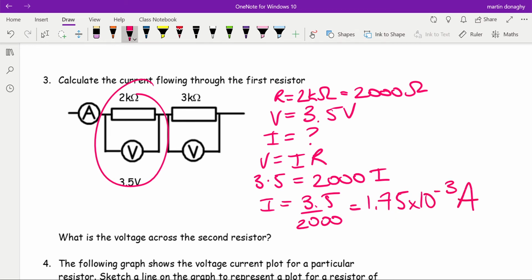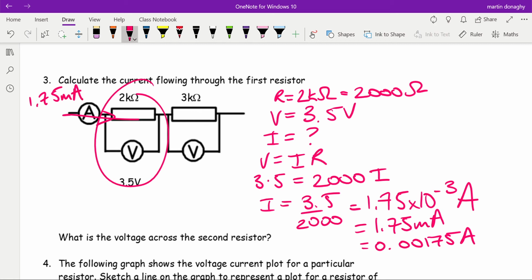And make sure you have your amps after it as well. Okay. Now, another way I could say that is 1.75 milliamps, or I could say 0.00175 amps. Any of those work. Okay. Now, what I know is that the current flowing through this first resistor is 1.75 milliamps.